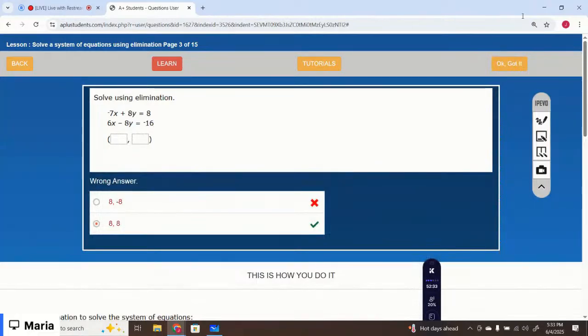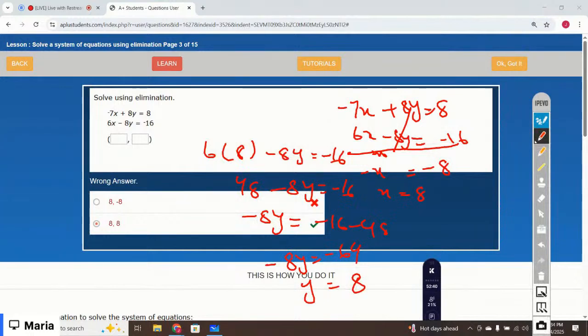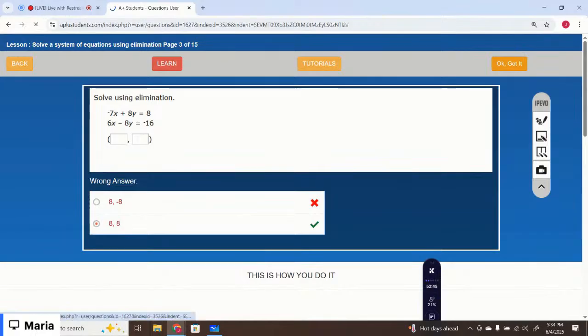You also have option number 2, where x is 8, y is 8. Option number 2 is the correct option.